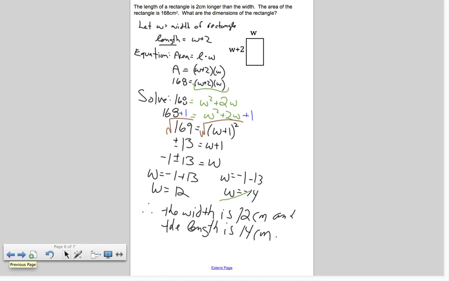So here I'm going to strike out w is equal to negative 14 because we can't have a negative length. Even if this was not a word problem, it will still make sense because w will be negative 14, plug that back in, and l will be negative 12. Negative 12 times negative 14 just happens to be 168. But this doesn't make real sense in the real world.